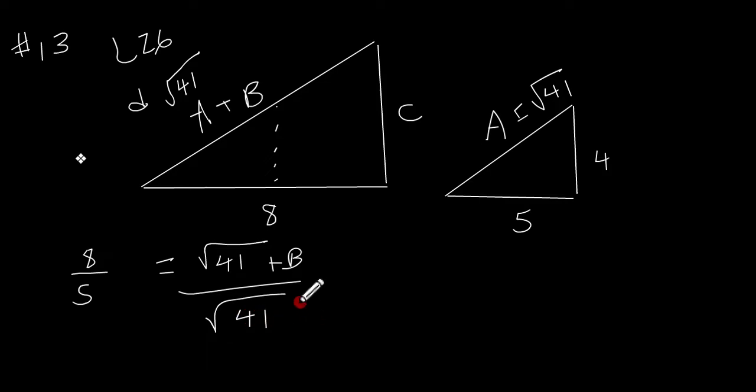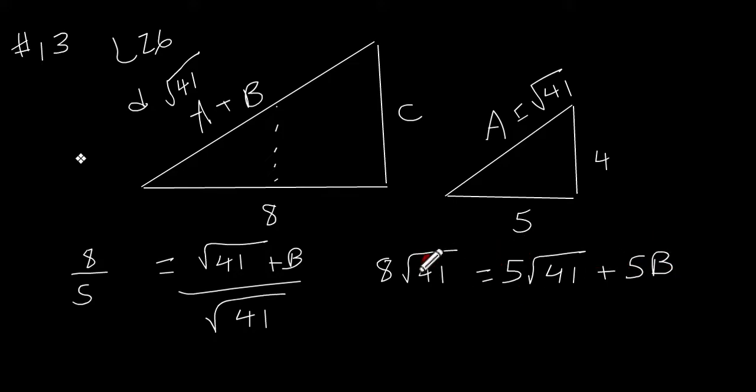Then you would just cross multiply, so you get 8 square root of 41 equals 5 square root of 41 plus 5b. Then you subtract 5 square root of 41, so you get 3 square root of 41 equals 5b. And then you're just going to divide both sides by 5.